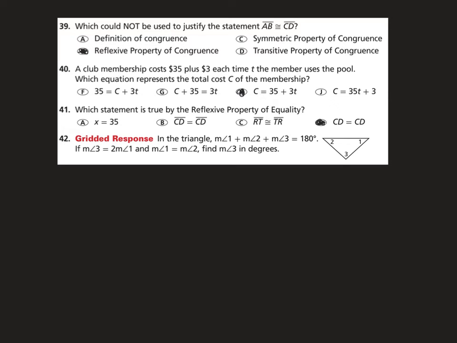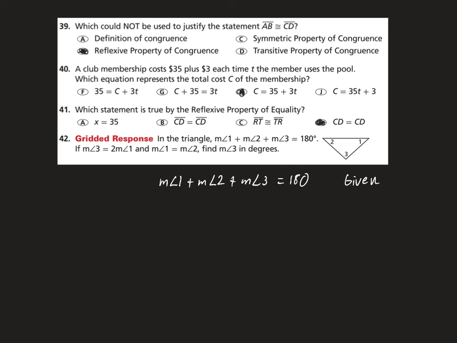So I'm going to start by writing out this statement here. Measure of angle 1 plus measure of angle 2 plus measure of angle 3 equals 180 degrees. And that is given. Now it's not asking you to do this, but I'm going to go ahead and put my reasons down. And now I'm going to use substitution here.